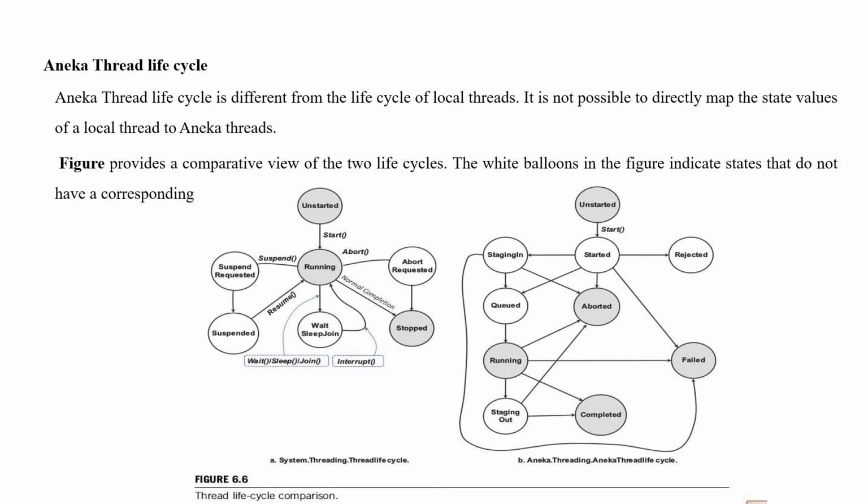Once the start method is called, the thread transits to the started state, from which it is possible to move to the staging state, if there are files to upload for its execution, or directly to the queued state.